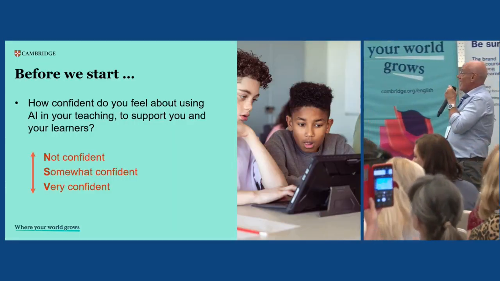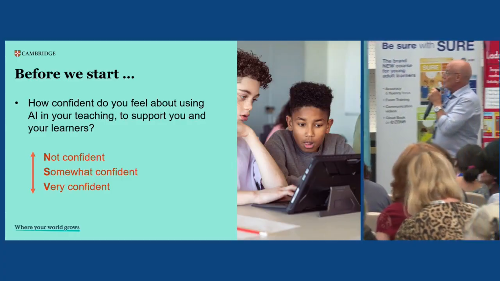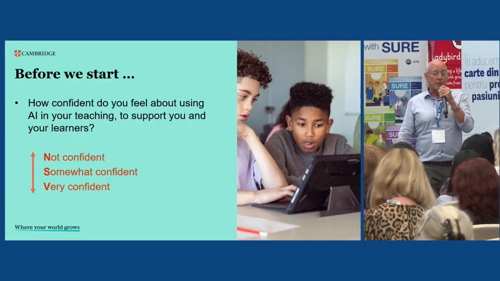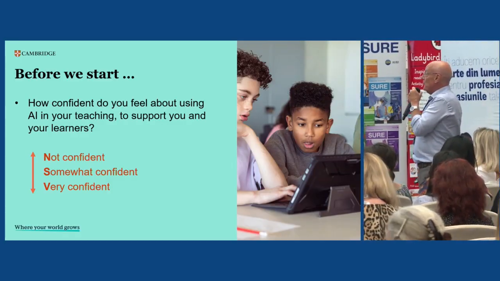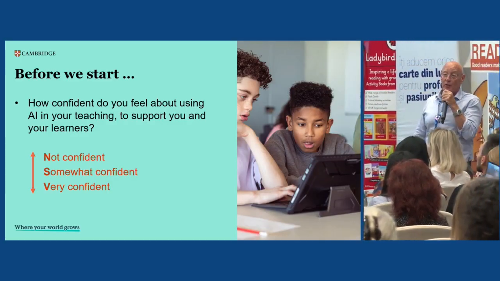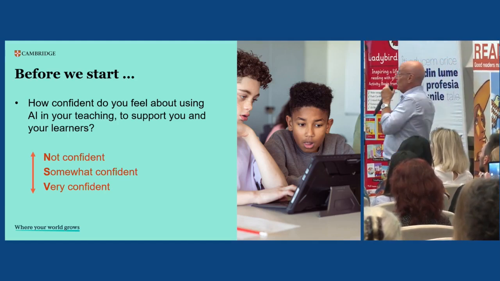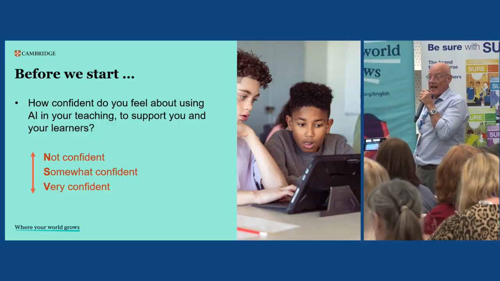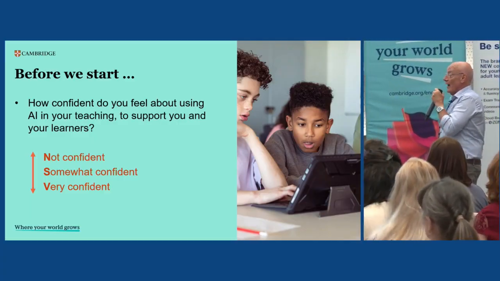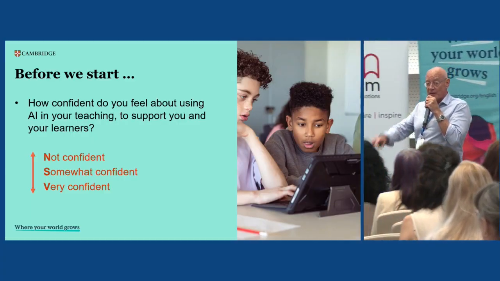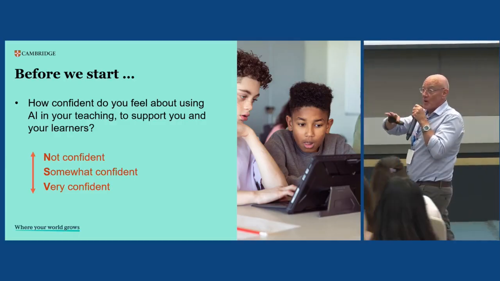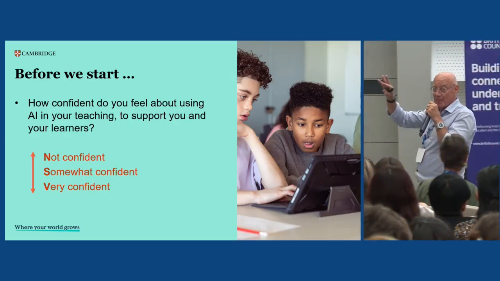So I would like you just to look at the question on the screen. How confident do you feel about using AI in your teaching to support you and your learners? So you're either going to be N or S or V. So you've got 10 seconds to think. And it doesn't matter what you come up with, but just think.